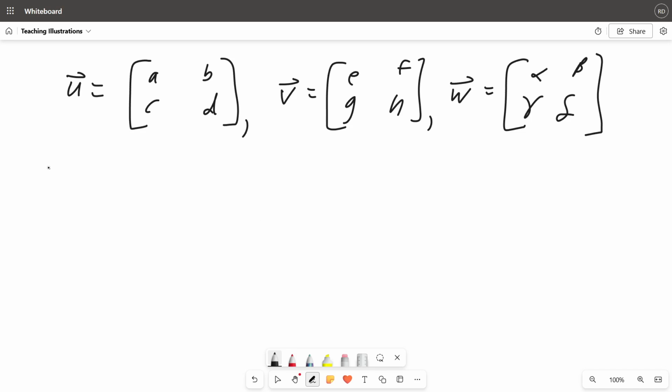So, (U plus V), comma, W. Now, if we knew this was an inner product, we could just go ahead and split it up, but we don't, so we've got to show that.